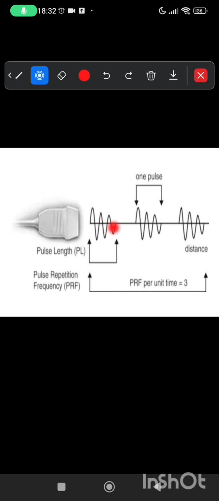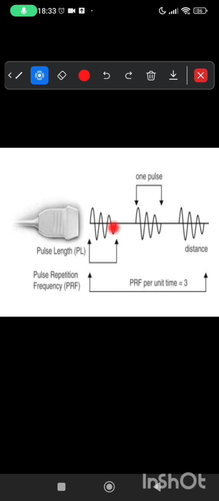What is the relationship between axial resolution and spatial pulse length? Axial resolution is half of the SPL. Axial resolution equals SPL divided by 2.